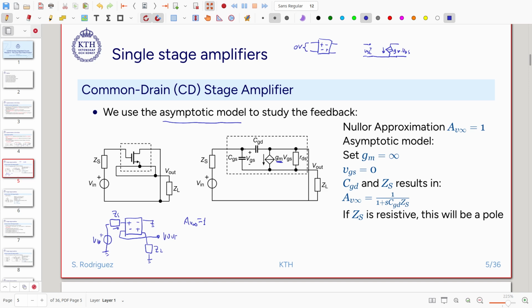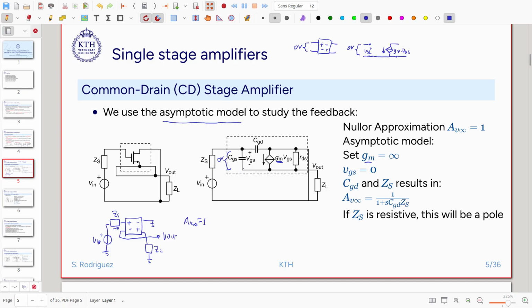When we assume that we have an ideal transistor also with infinite transconductance connected in negative feedback, this voltage will also be equal to 0 volt. Okay, that is something that will always happen because of the presence of the negative feedback itself. So when we set the transconductance to infinite, this is starting to behave like an ideal amplifier. We have that this voltage VGS is going to be equal to 0 volt. So we can put here, this voltage is equal to 0 volt.